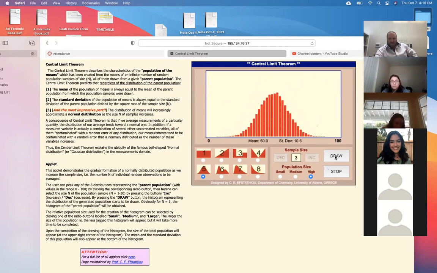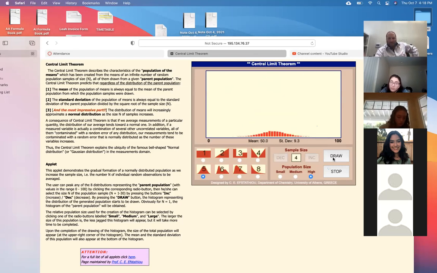Well, let's go to 3. What do you notice about the mean and the standard deviation now? Okay, the mean continued to be the same, but the standard deviation got smaller. Let's go to 4.